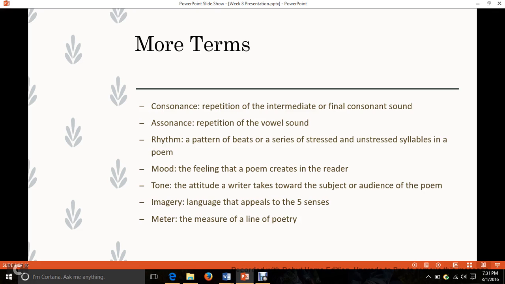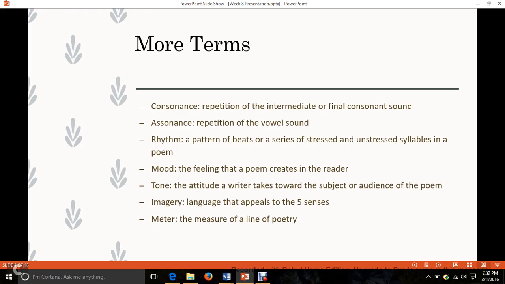A couple other things. So consonance is the repetition of intermediate or final consonant sounds. So we have rhyming that has kind of the whole sound of the word that sounds the same: fog, dog, rain, Spain. Okay, so consonance has to do with the end sound of a word. So that could be flit, and it could be float, where both of those have different beginning sounds but end with the T sound.